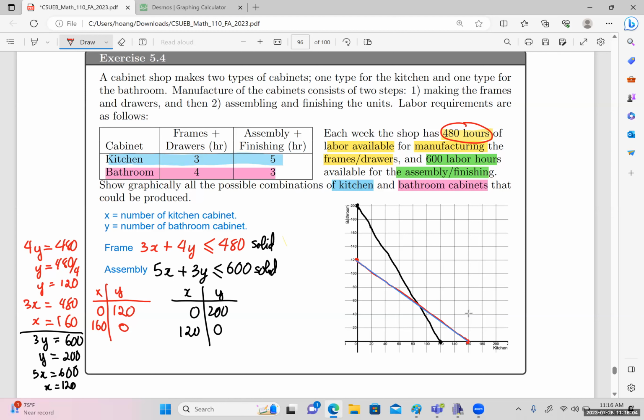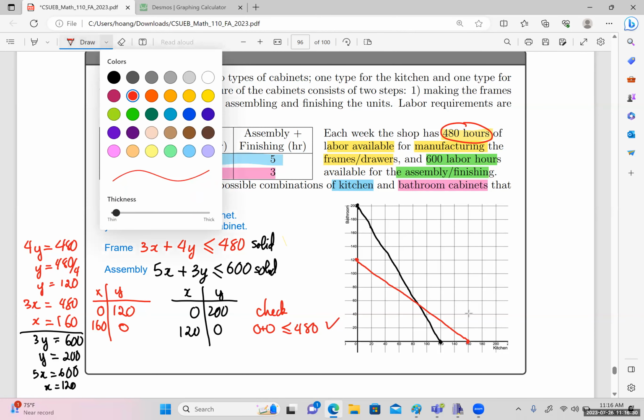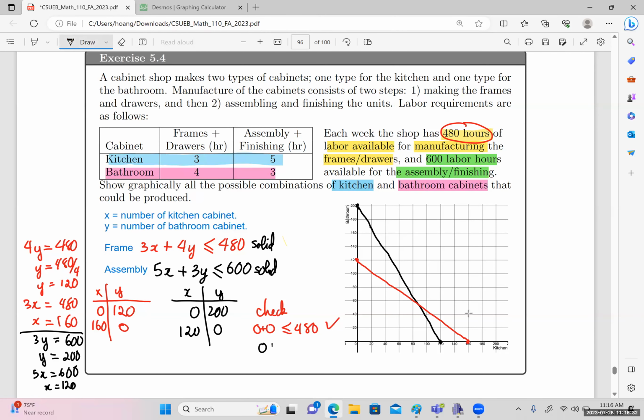Okay, so we're done with this. After that, you can check. With the first one, 0 plus 0 less than or equal to 480. This is good, right? What about the second one? 0 plus 0 less than or equal to 600.